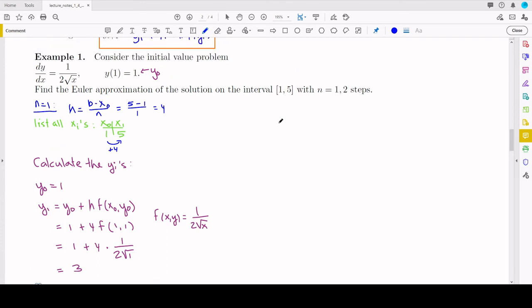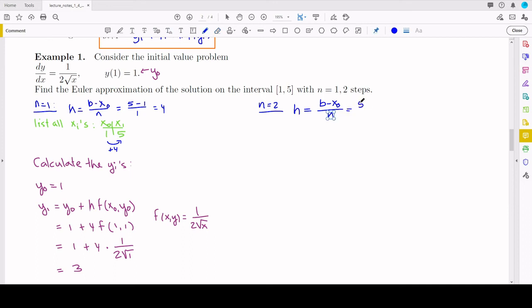Okay, so let's do the same thing for n equals 2. Let's calculate our step size. That's b minus x naught over n, and that's 2. Well, I guess I can just write n for now.